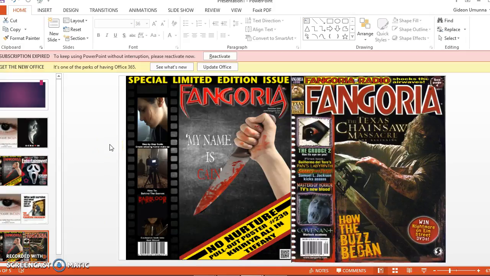There's a lot of similarities here in the magazine. Again, as I said, in our magazine poster we've focused in on the knife, and in the Texas Chainsaw Massacre they focused both on the villain, the killer, and on the chainsaw.